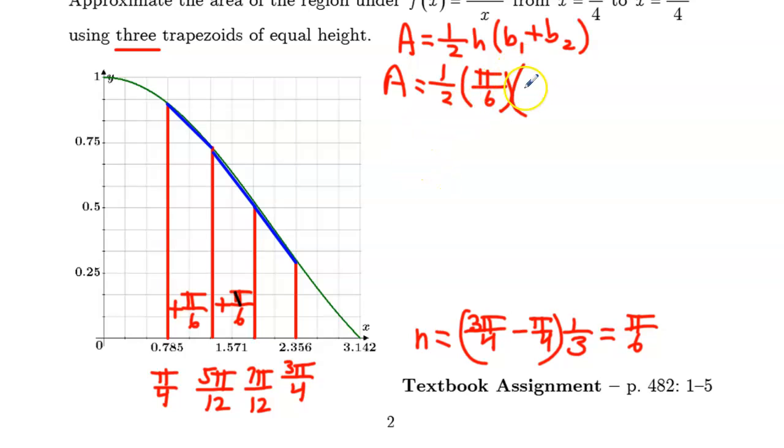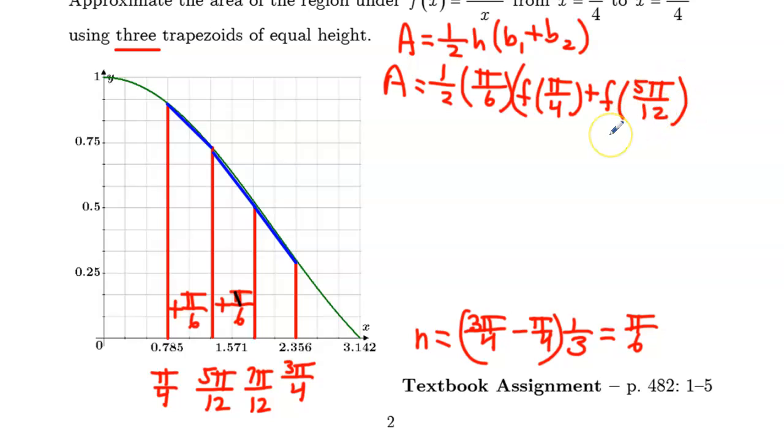I guess I should stick with red. So base 1 would be the value of the function evaluated right at the leftmost point, because this is your base 1, which would be f at pi over 4. And then base 2 in this case would be f at, on the right hand side of the trapezoid, f at 5 pi over 12. Now, here's the thing.